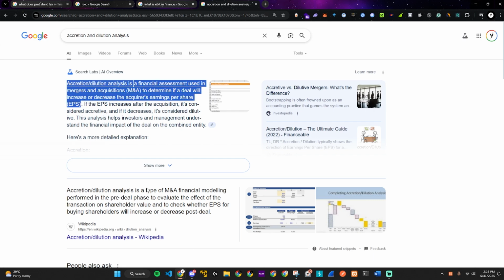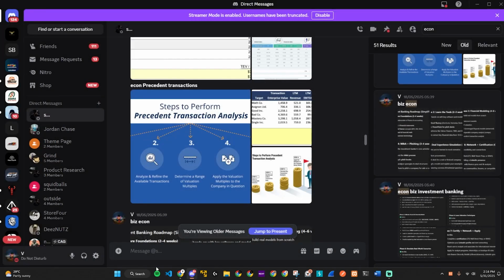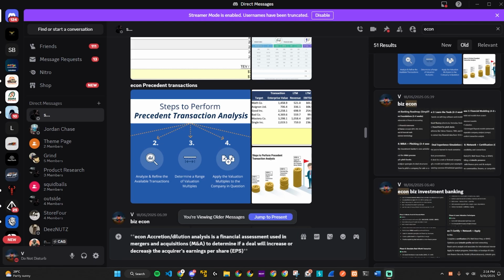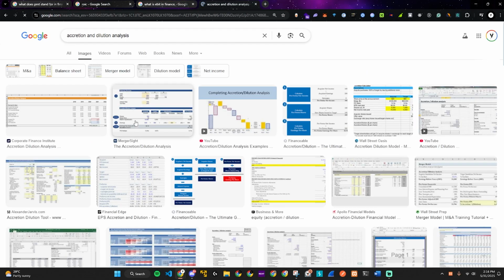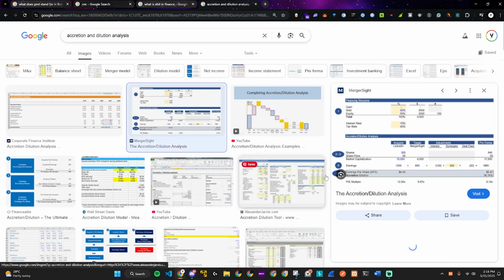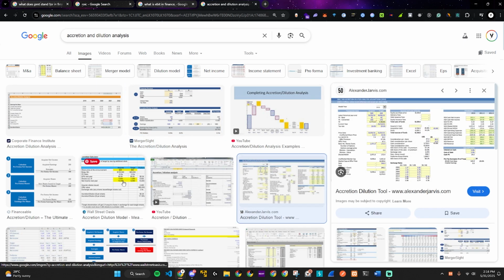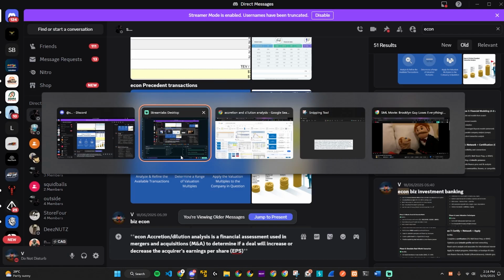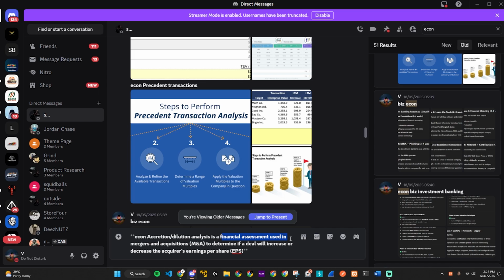So accretion, right? So let me just get this. That's it, and this is the way I do it. I just grab a useful, meaningful picture that will go with it. So let's look at the information here. A financial assessment to determine if a deal will increase or decrease the acquirer's earnings per share, right?